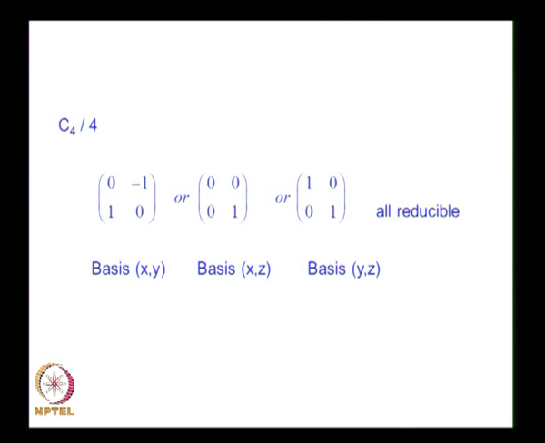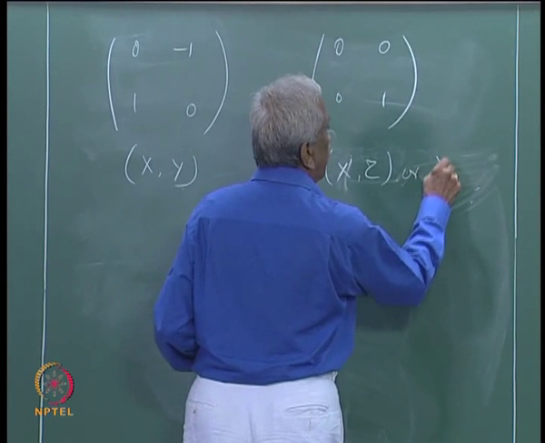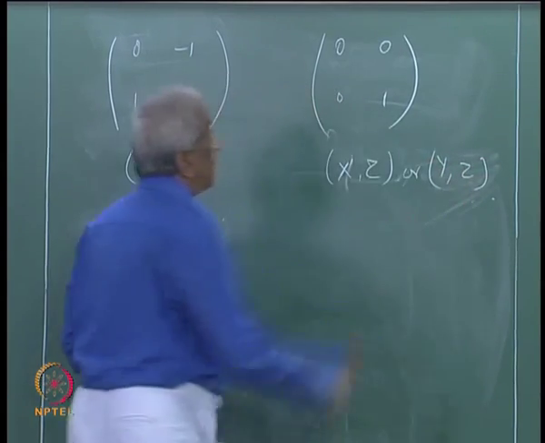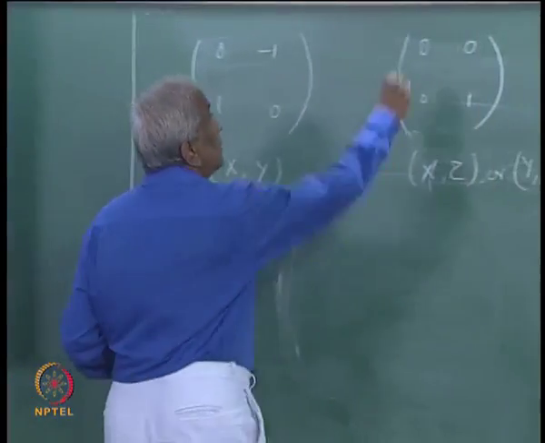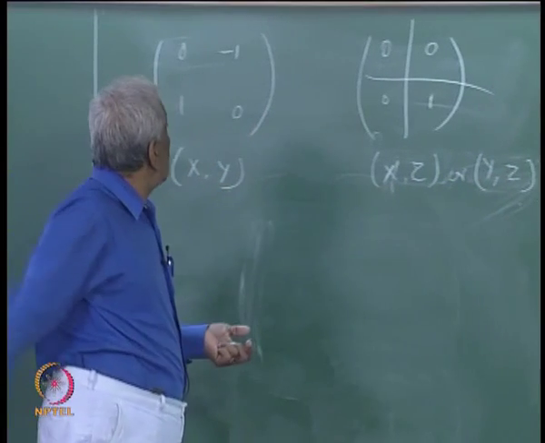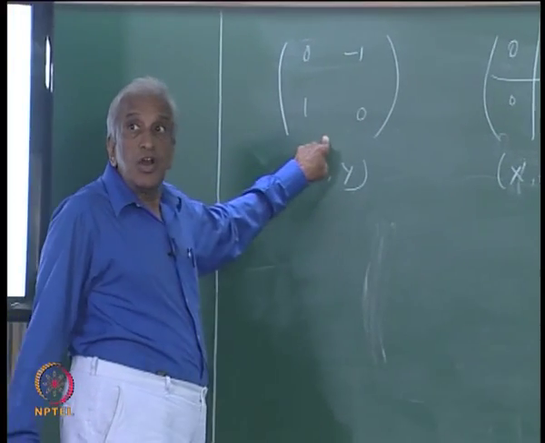Y z will be, yeah, also. Obviously, this is a reducible representation, while this is not.